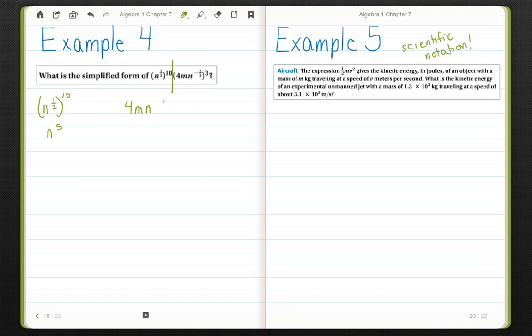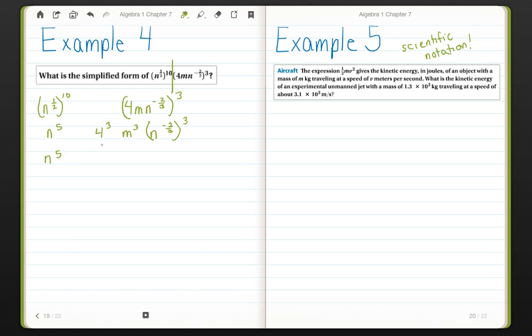4mn to the -2/3, all raised to the 3rd, means 4 to the 3rd, m to the 3rd, and n to the -2/3 to the 3rd. So bring everything down.